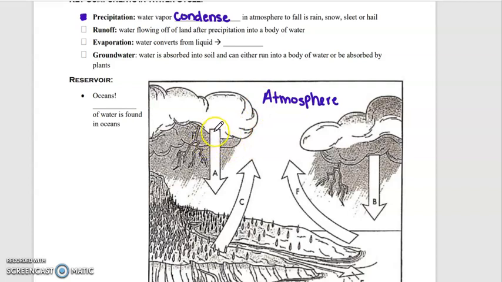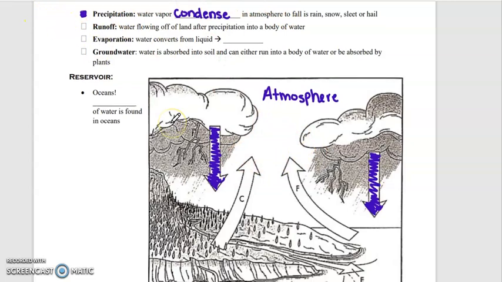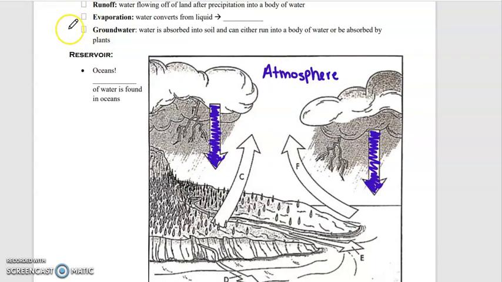It's looking like arrow A. I'm going to give that a quick little shade. And arrow B shows us some good precipitation, going from the atmosphere to Earth. So that was our arrows A and B. I'll write that maybe here, A and B.